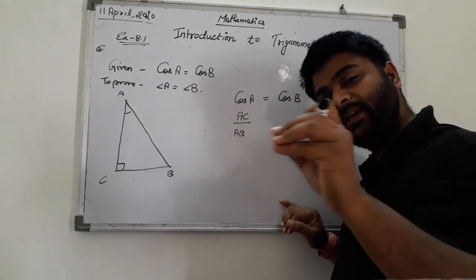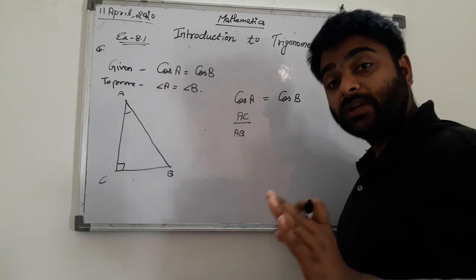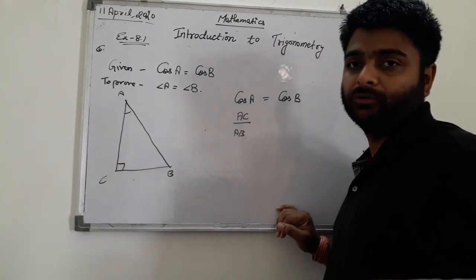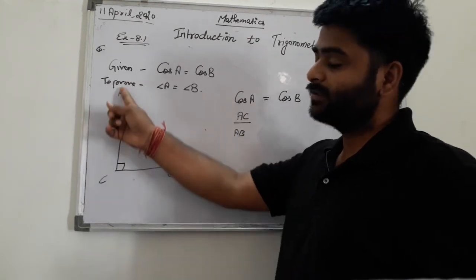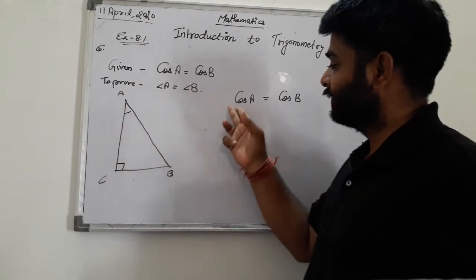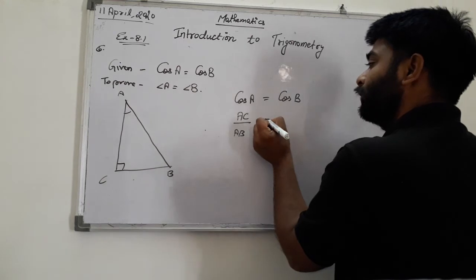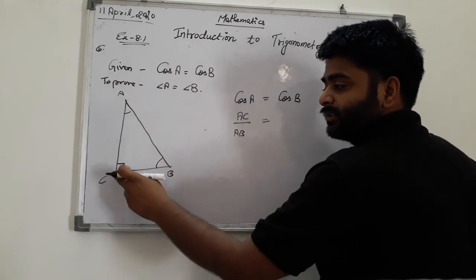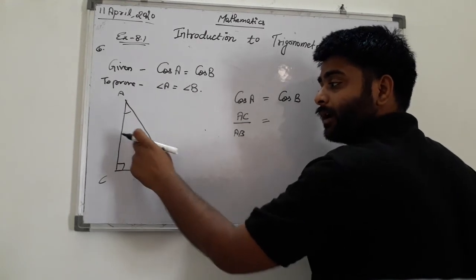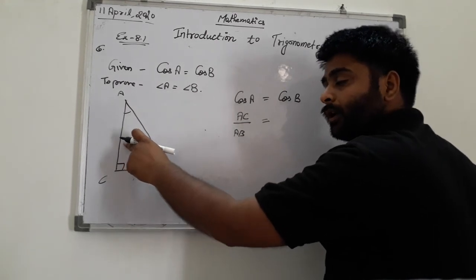Cos is base upon hypotenuse. Sine is perpendicular upon hypotenuse. So cos is given. If angle A is this, then that one is the base. That is AC upon AB. For the cos B, this angle is B. Now opposite to this angle, the side is perpendicular. But what we need?